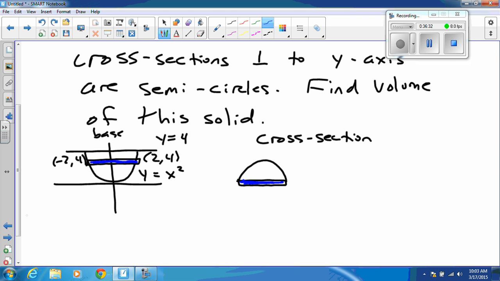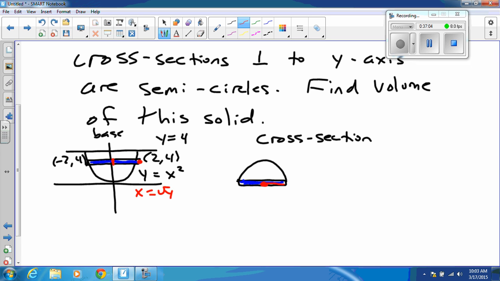Now, where do I need to go from here? Catherine? I sure do. I'm going to need to find that radius, and radius is not diameter. What is that radius? Yes, exactly.